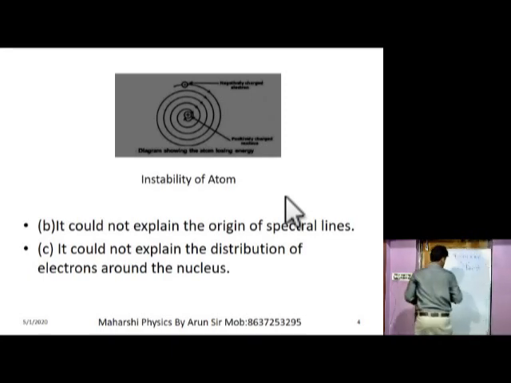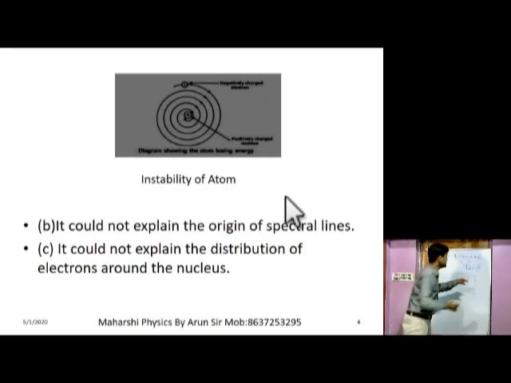Clear? If this is the nucleus and the electron revolves around the nucleus in a circular path, during its revolution it does not require any energy to absorb or release. But if it absorbs energy, then it goes to the excited state.